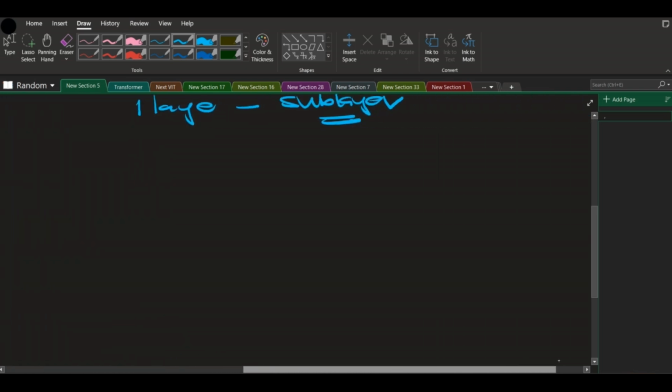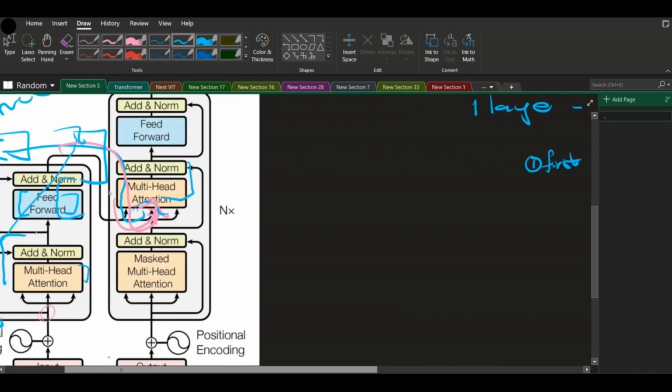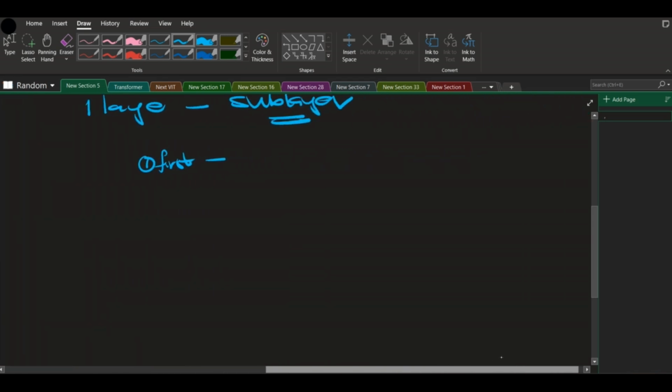Then what is the first sublayer doing? What is the first sublayer, which is the multi-head? I'm talking about this portion here. This portion here is the first sublayer within the first layer, the multi-head implementation. What it does is that it receives a linear projection of the query, keys and values.